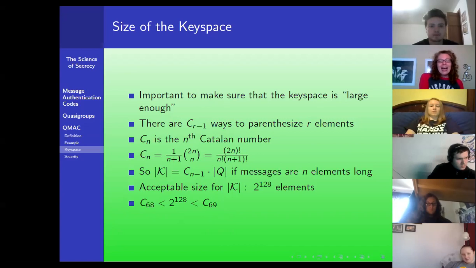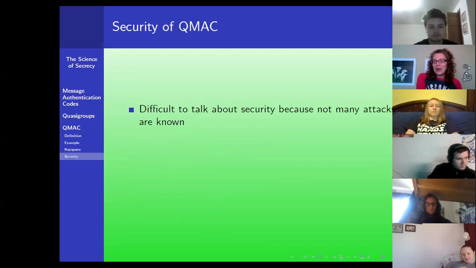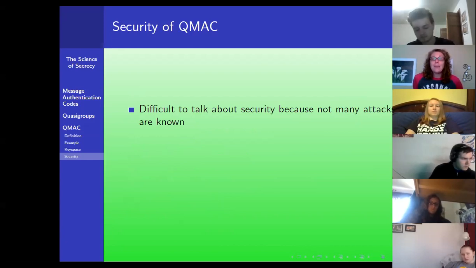All right, how about security? So even theoretical cryptographers have to talk about security. In general, security is really, really hard to talk about for new crypto systems and new message authentication codes and new hash functions, because the way you talk about security is by putting it out there and letting people attack it, and then either saying, oh, okay, that attack doesn't work, I'm good to go, or crud, that attack does work.